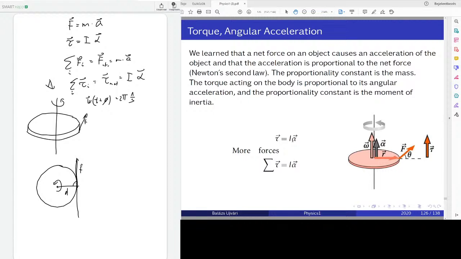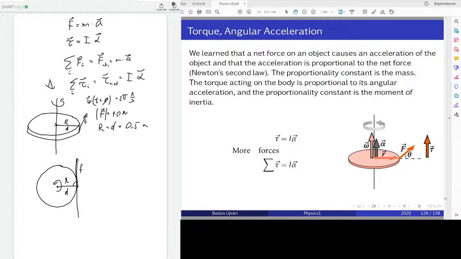Let's say the force is 10 Newton, so the magnitude of the force, and the perpendicular distance from the axis of rotation to the line of action is 0.5 meter. So it's more or less a small wheel of a bicycle.